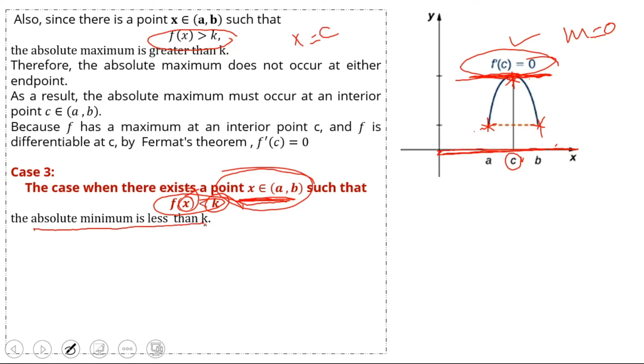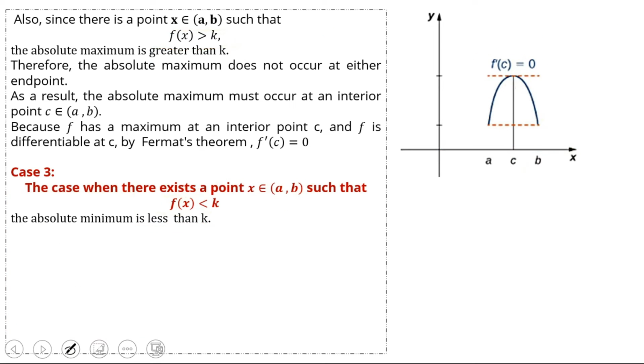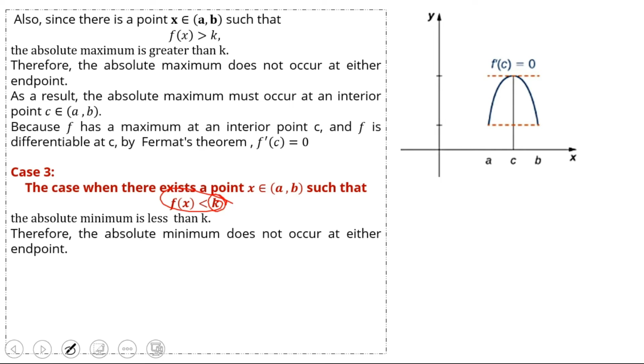So the absolute minimum is less than k, and k is the value of the function at the end point of the interval. Therefore the absolute minimum does not occur at either end point, because we consider the case where x belongs to an open interval.